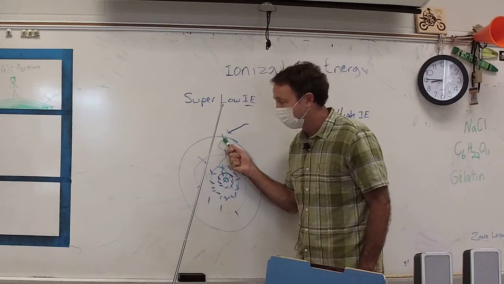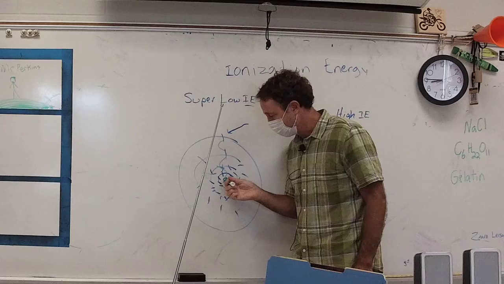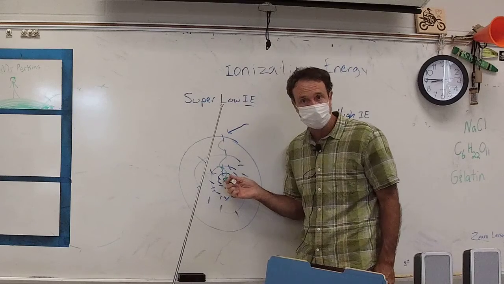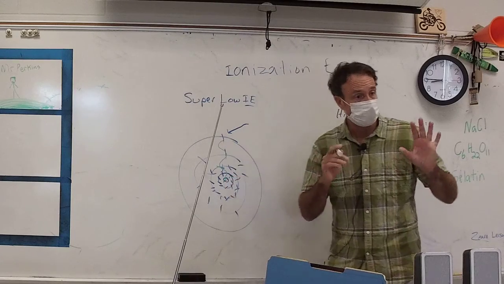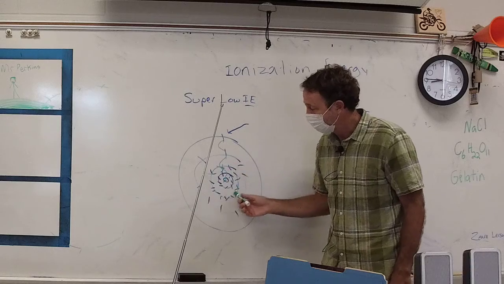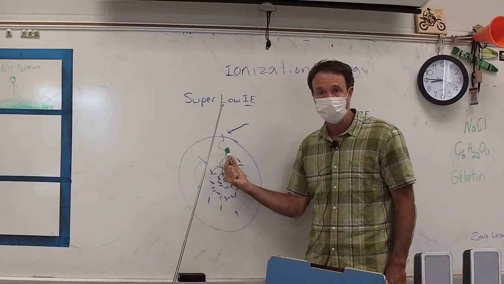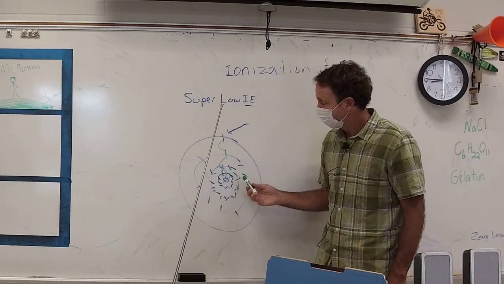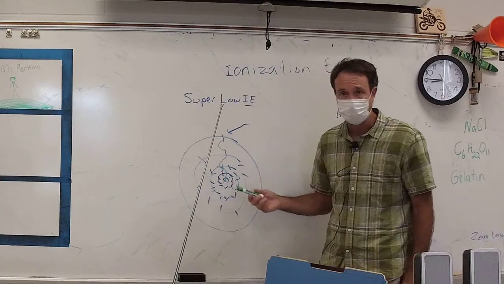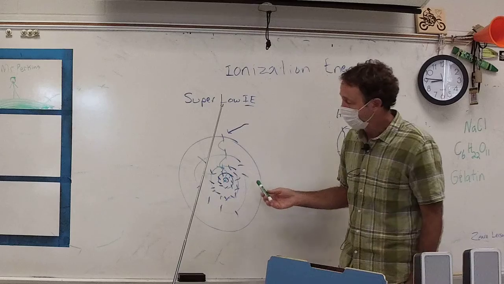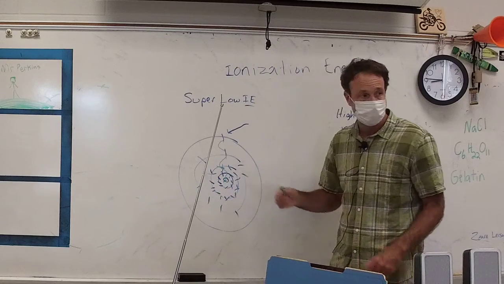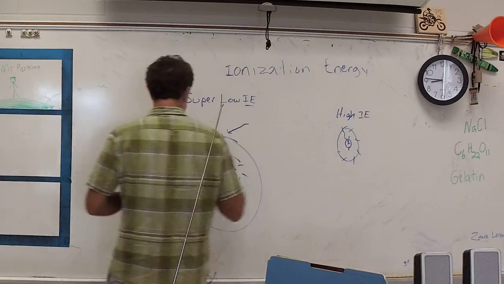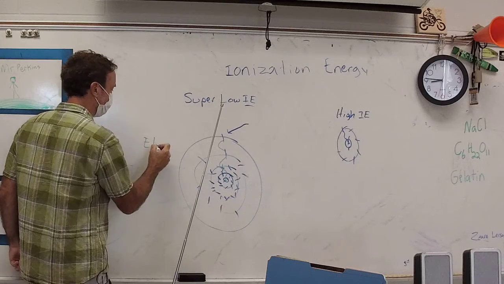So the negative electron is attracted to the positive protons in the nucleus. But also, all of these electrons are repelling it because like charges repel, correct? So this phenomenon where these other electrons get in the way is called electron shielding.